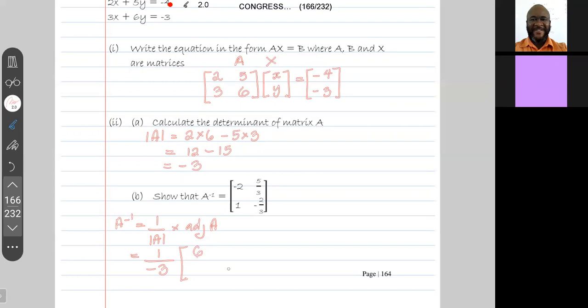So the 6 and the 2 change position. The 5 and the 3 stay where they are, but their signs change to -5 and -3. So therefore, A inverse is equal to 1 over -3.